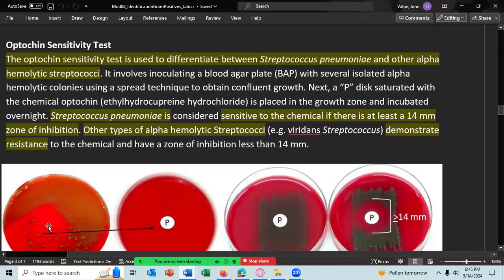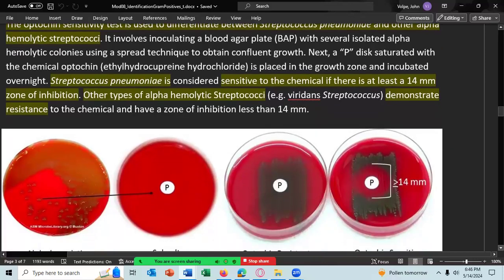And what you do is you grow this bacteria in this region of a plate and then stick on the disc containing the antibiotic optochin, and then you look to see if the bacteria is sensitive to the antibiotic optochin.